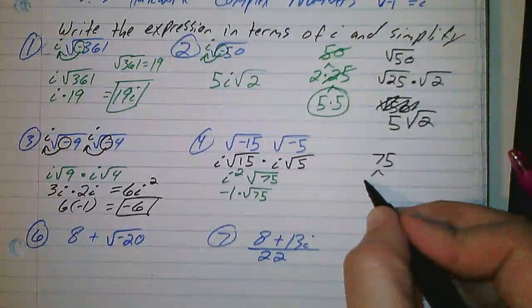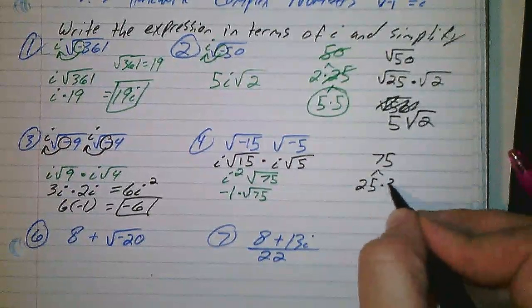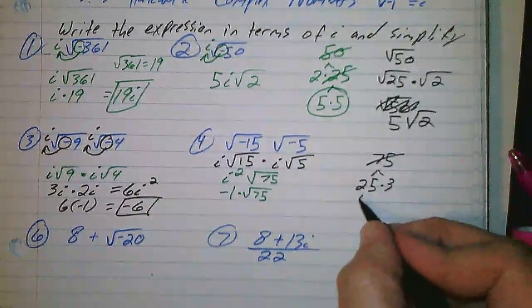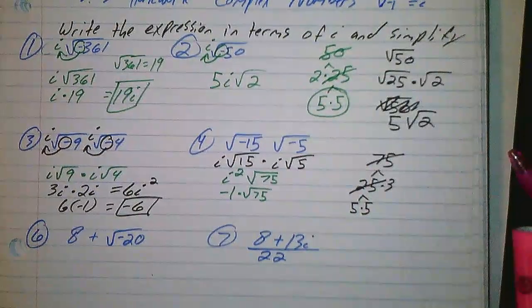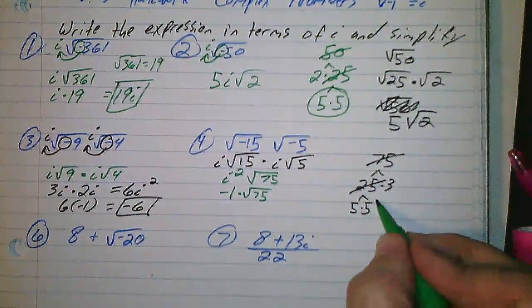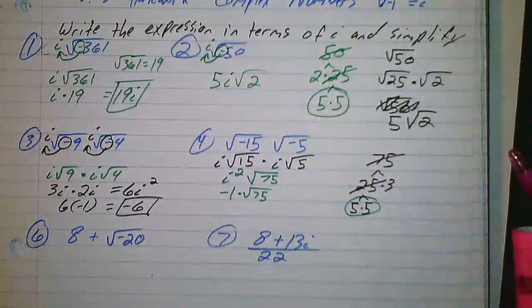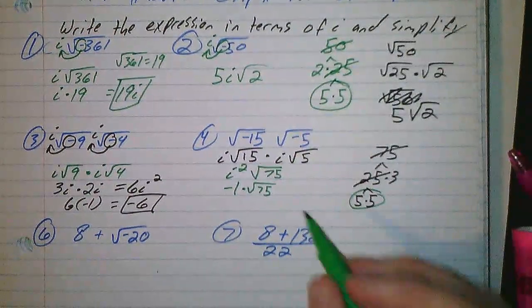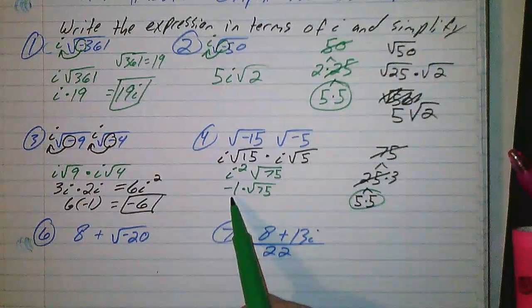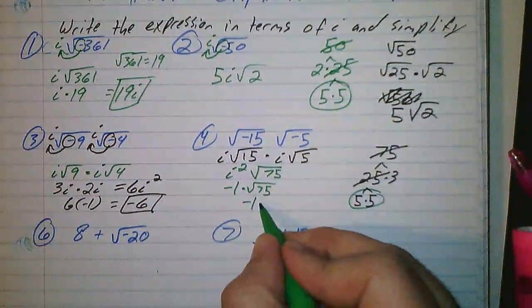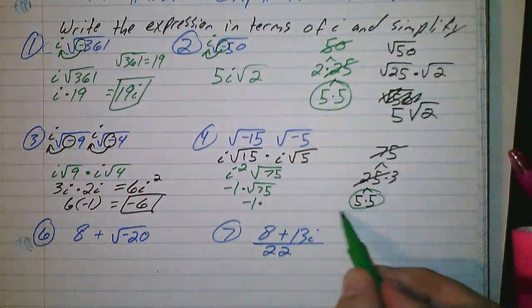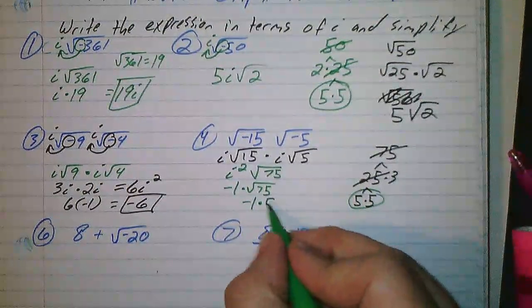So that's like 25 times 3. 25 is 5 times 5. These are all prime numbers. So this is our factor tree. So again, think about what we already have. We have a negative 1 out front times, we move one of these 5s out.